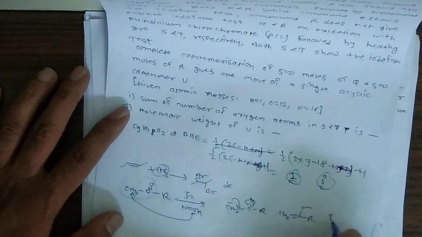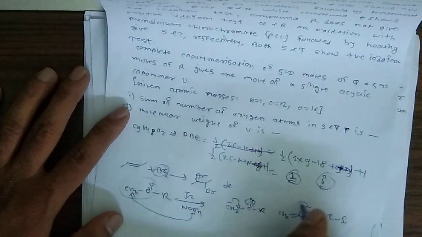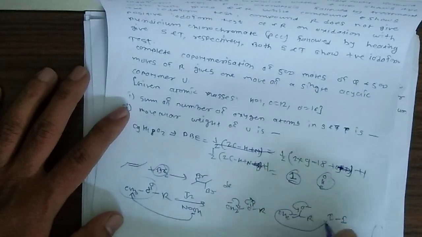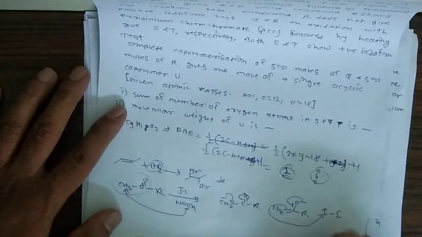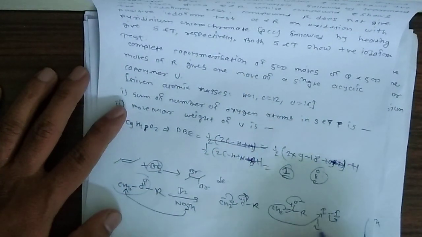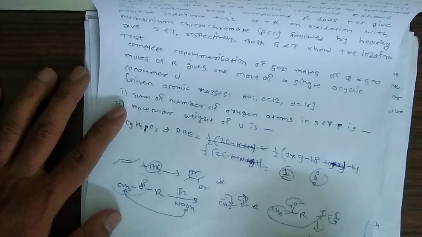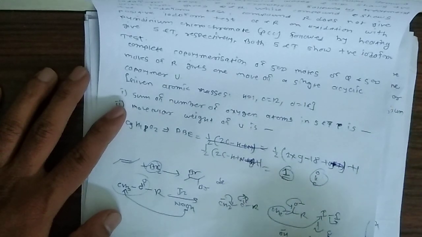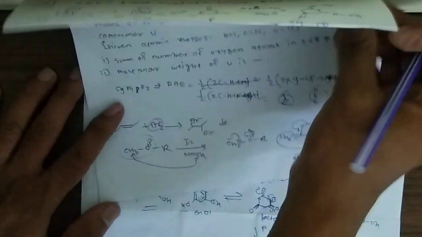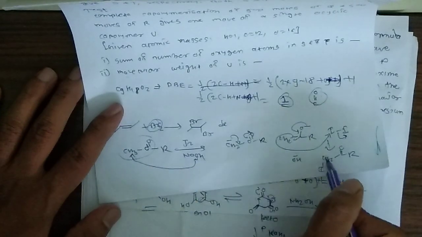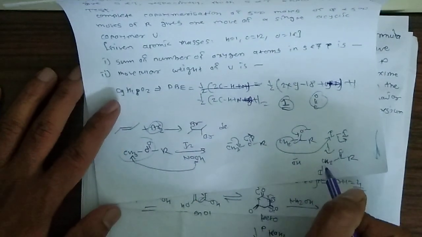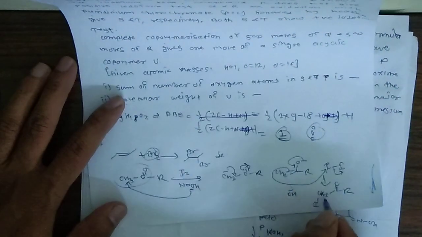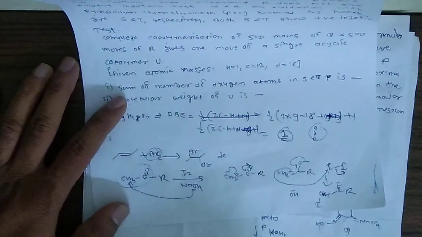After that, I2 is there, the enolate attacks it, and I plus is removed, giving CH2I with the carbonyl and R. Similarly again OH minus comes, takes a proton, attacks iodine, and it is replaced by iodine.